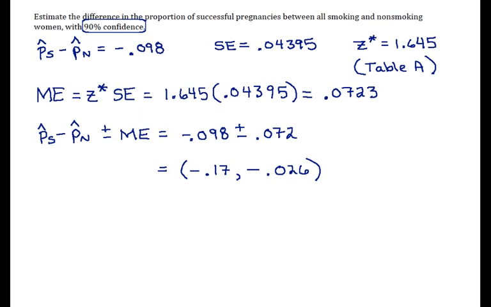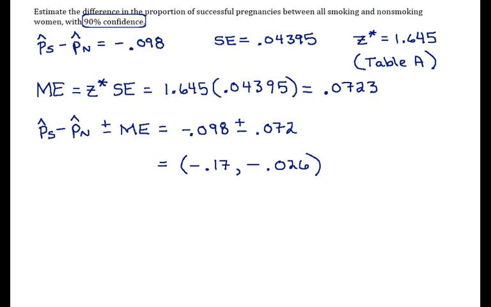When we go to interpret this confidence interval, we want to think about which proportion is larger, since we subtracted as p sub s hat minus p sub n hat, and we got an interval that's all negative. The interval being all negative suggests that Pn is actually the one that is larger than Ps.